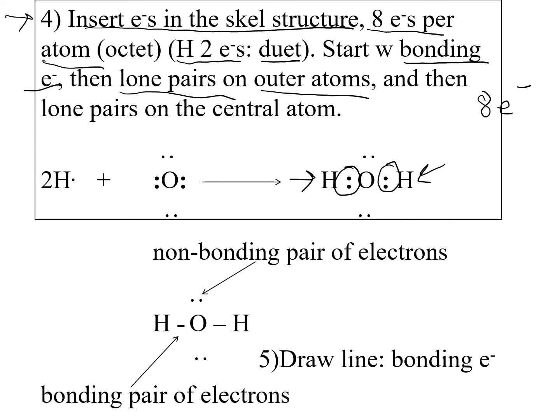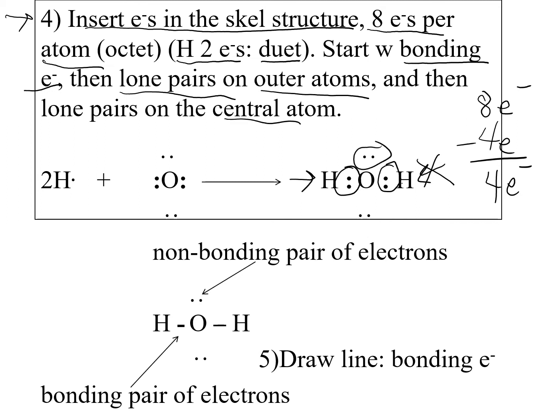Now hydrogen, we said, is stable with the duet. So our hydrogens are already stable, we're not going to add any electrons there. Our oxygen, however, when we look at it right now, as circles, we have 4 electrons. We've used up 4 electrons when we did the bonding electrons, so we have 4 electrons left. So now we're going to add the electrons on the center atom.